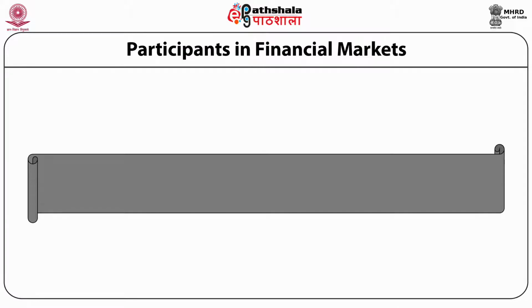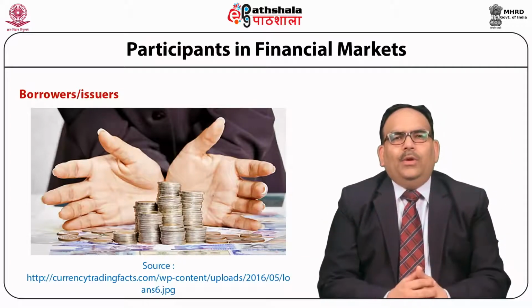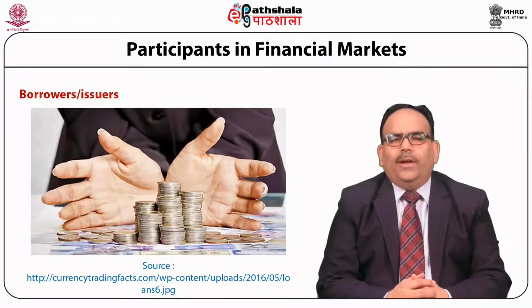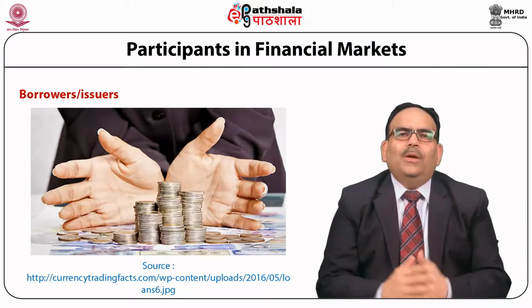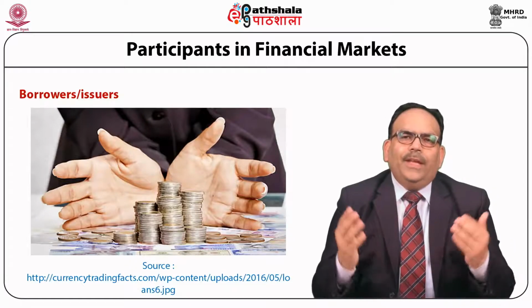Participants in financial markets. Borrowers or issuers, lenders or investors, and intermediaries are the major players of the international markets. The role of these players is discussed below. These are primarily corporates, banks, financial institutions, government and quasi-government bodies, and supranational organizations which need forex funds for various reasons.